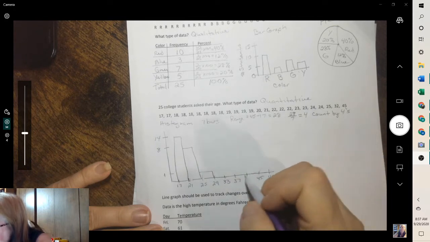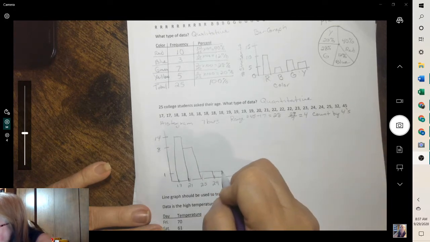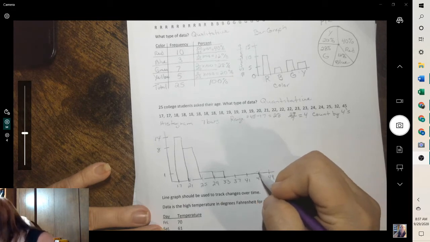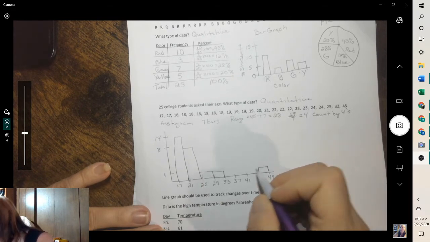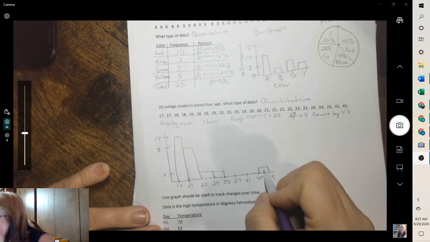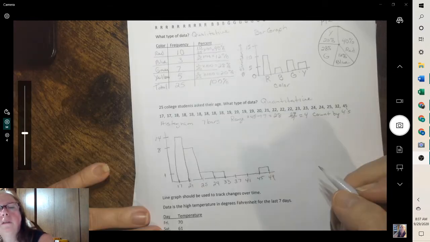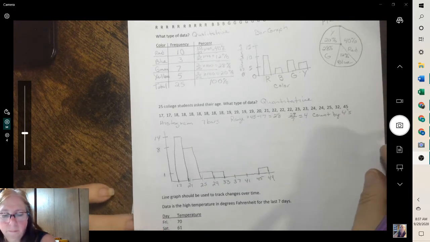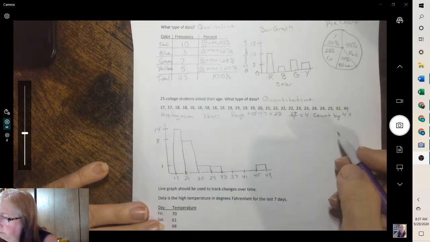There's 132, that would be in here. And there's a 45. For the 45, it would be this bar because it always goes into the one after it. That would be your histogram.